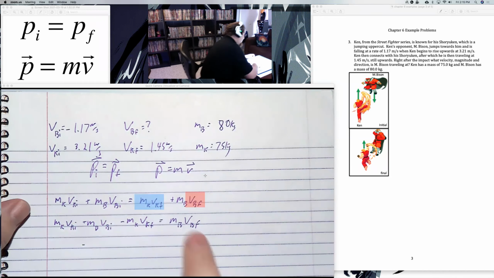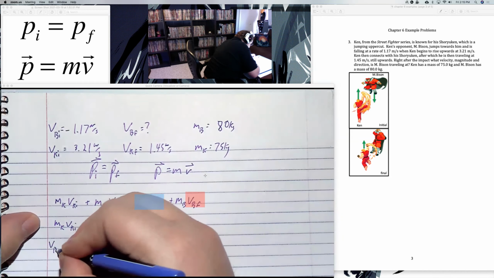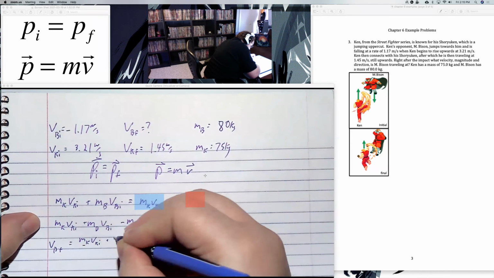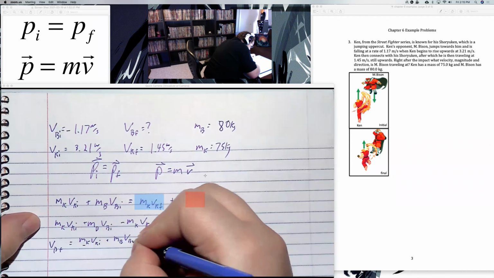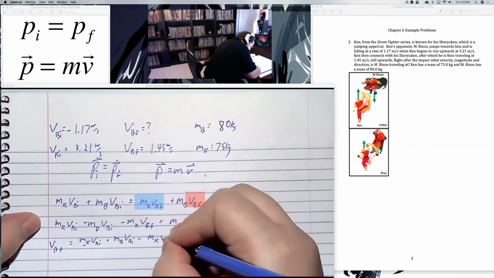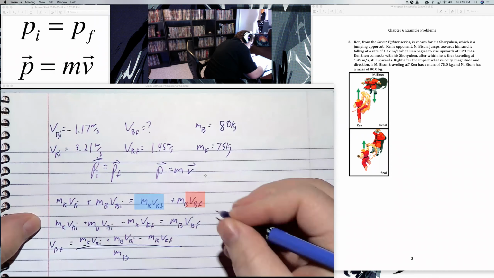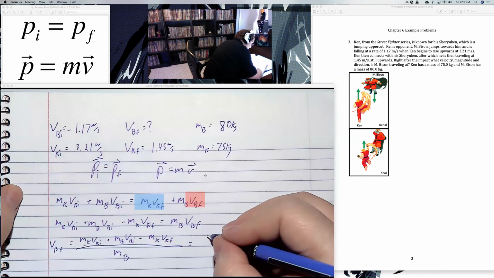And then I'll divide both sides by this mass. The velocity of Bison final equals the whole top again, which I'll use to plug in my numbers.